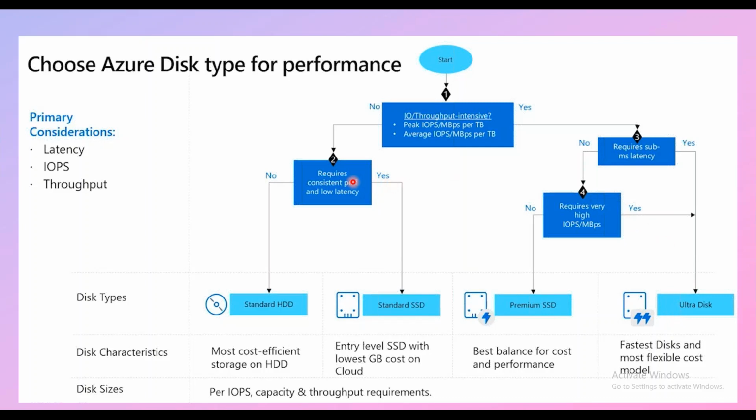But if your application is demanding consistent performance and low latency, definitely you can go for standard SSD, which is much cheaper, and also it is the entry level SSD option, and you won't feel a lot of issues. You'll get low latency and consistent performance, but not that sub millisecond latency or very high IOPS.